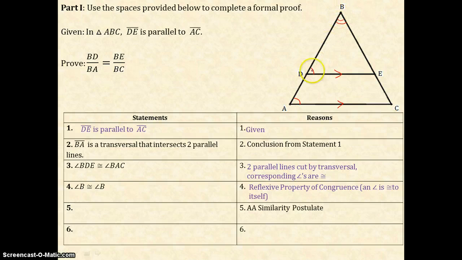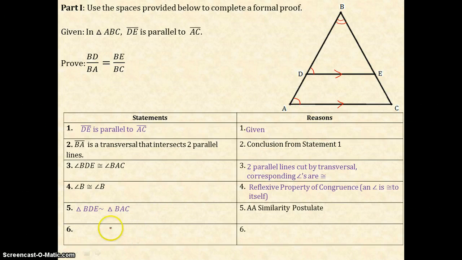So it looks like triangle BDE has one angle congruent to triangle BAC. See, congruent angles here. And then angle B congruent to itself gives us that the triangles are similar. Triangle BDE, the little guy, is similar to triangle BAC.